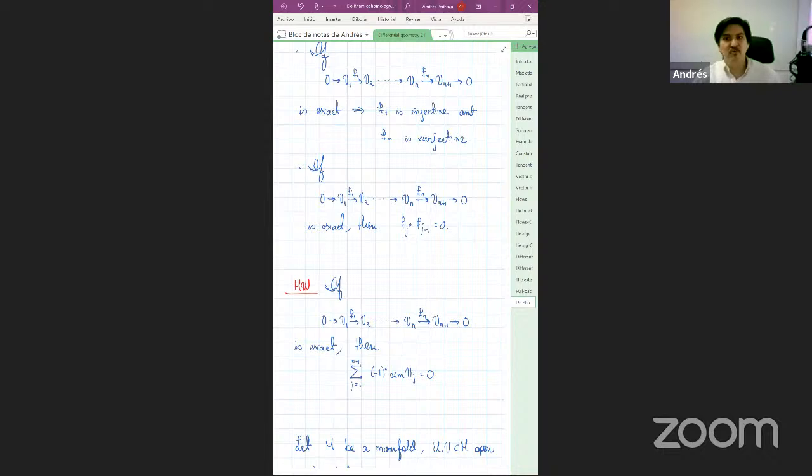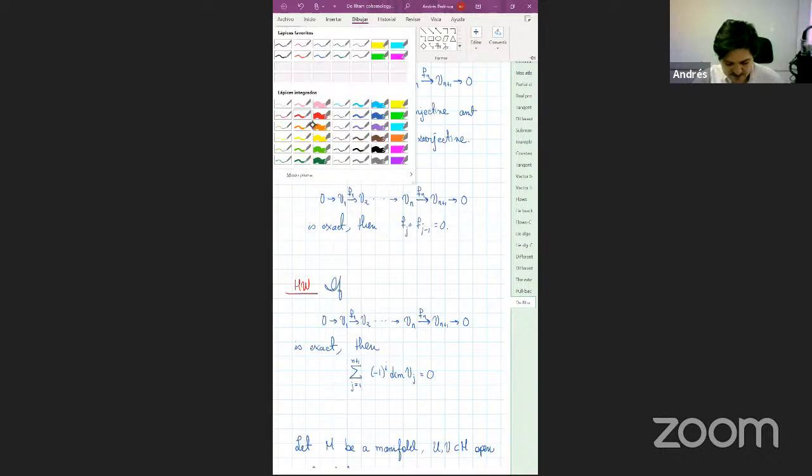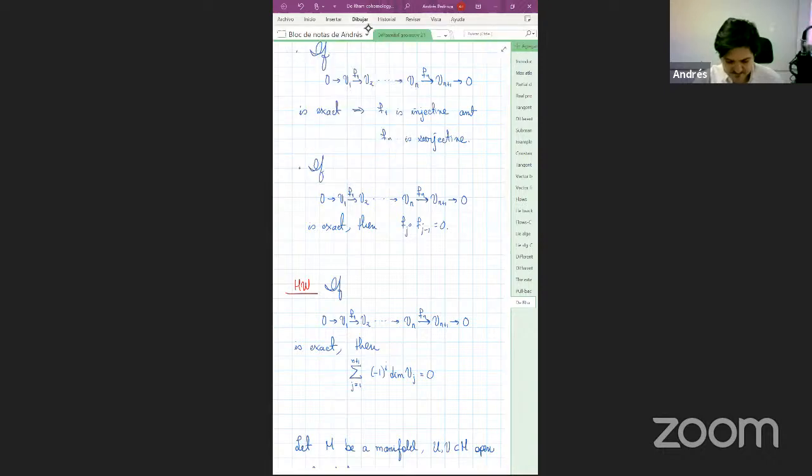And now we move into manifolds to talk about the Mayer-Vietoris sequence. That's about it regarding linear maps. So let's move on into manifolds.